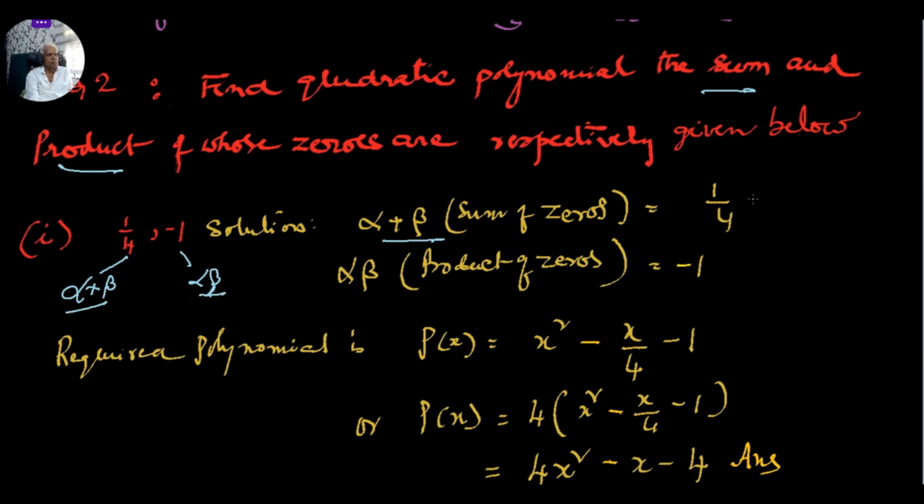So alpha plus beta is 1 by 4. Alpha beta is 1 by 4. We know that if alpha plus beta and alpha beta are known, the polynomial will be x square minus alpha plus beta times x plus alpha beta.